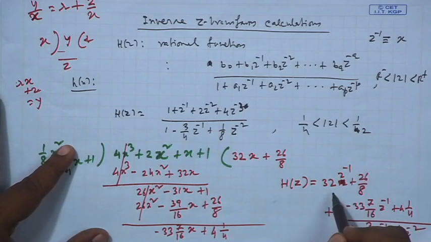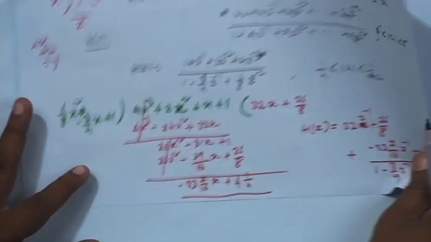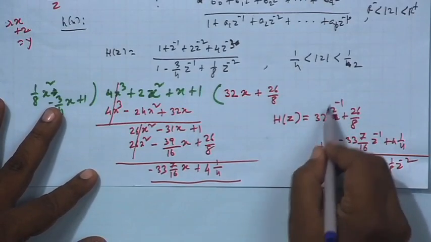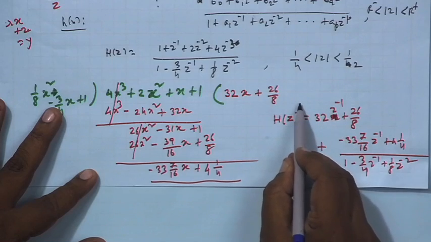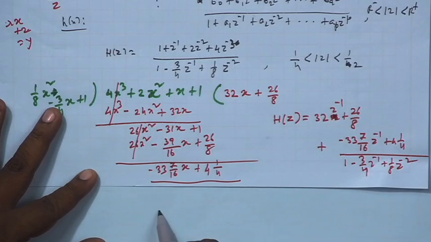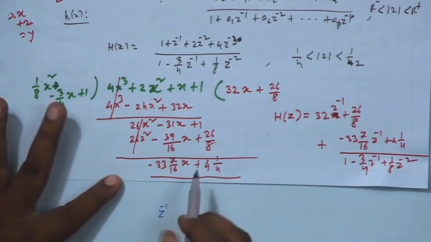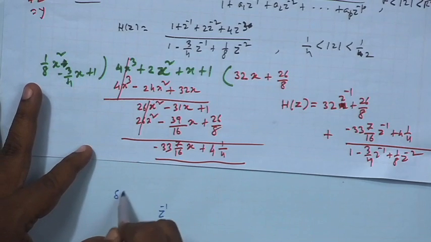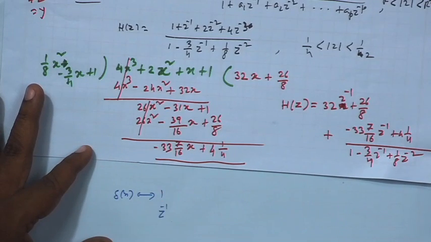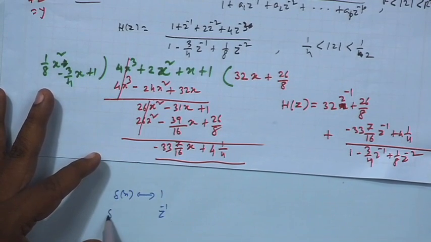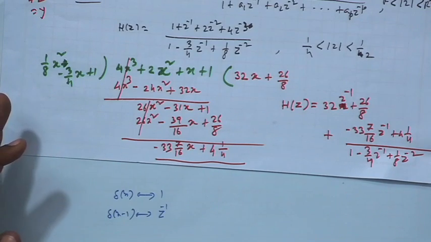Now, this part, if you take the inverse Z transform, there could have been Z inverse 2, then Z inverse every. Z inverse means, we have seen delta n has Z transform 1. So, delta n minus 1 will have Z transform Z inverse times 1.